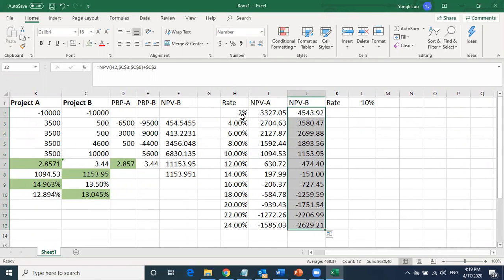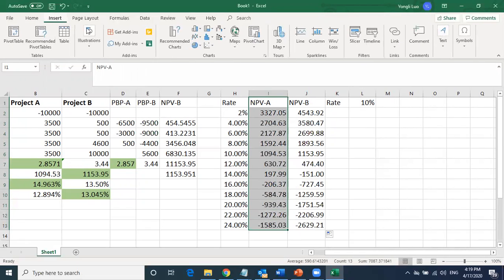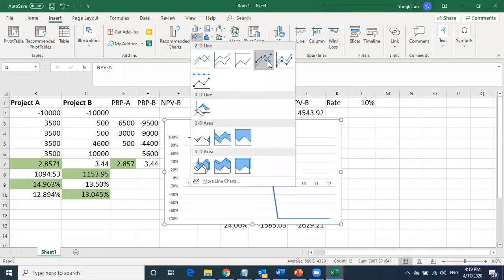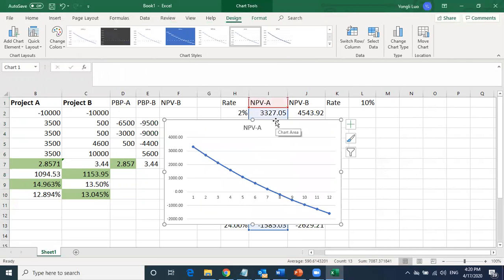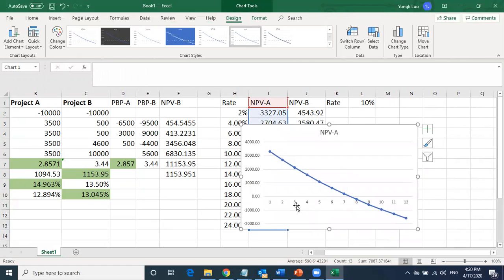So based on different rates, what is the net present value going to be? We make a graph. This is the net present value for project A, and the rate is on the x-axis.